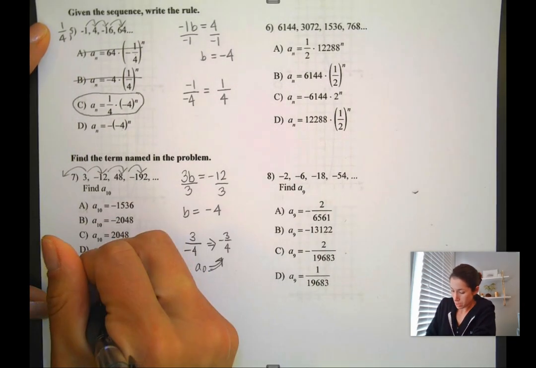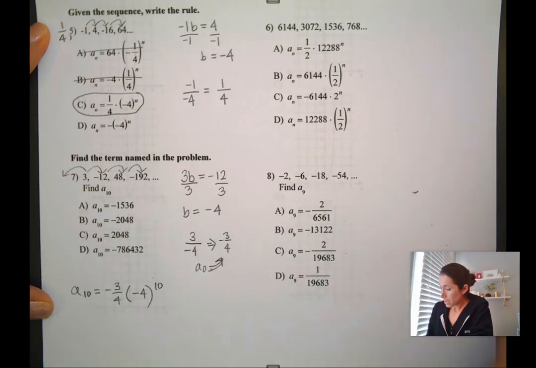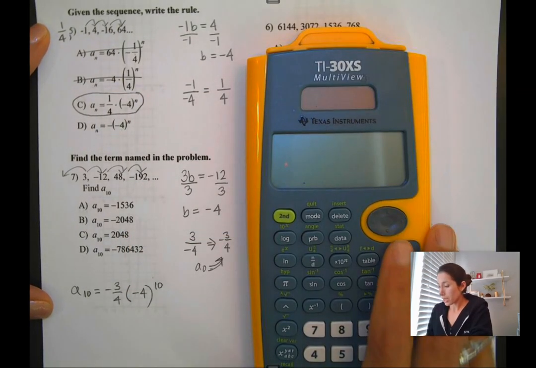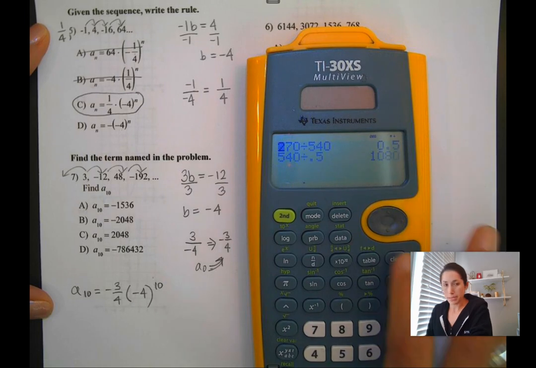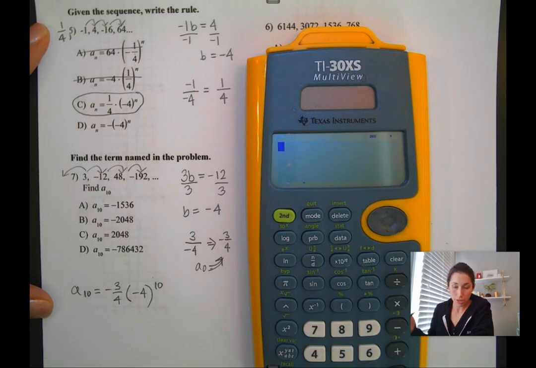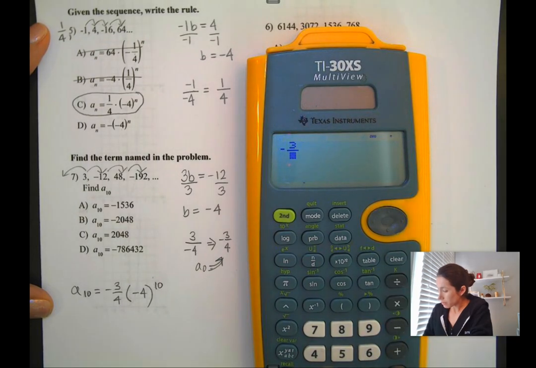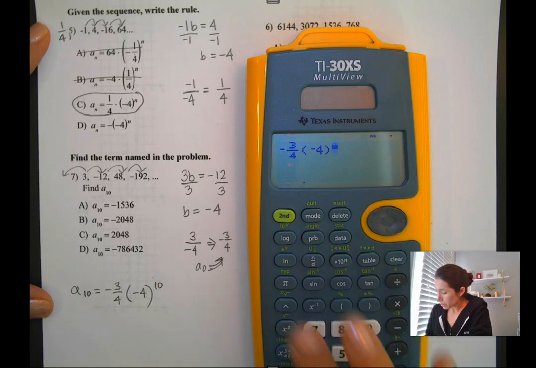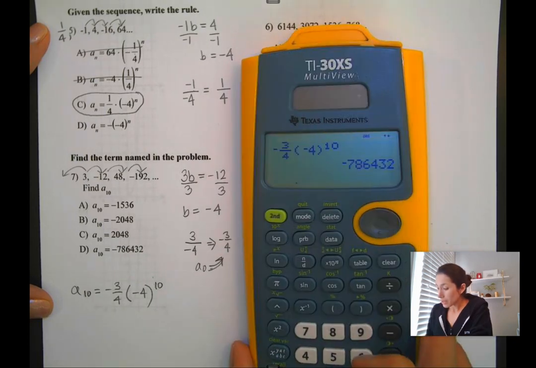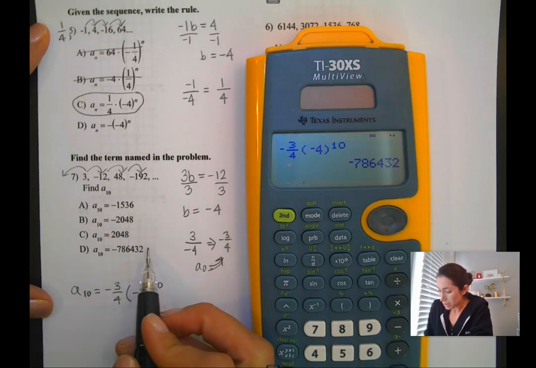So I'm going to do 10 here, 10 here. And then I would just put this into your calculator. And again, you could put this in your calculator as a -0.75. I'll go ahead and do a fraction since I have the ability on this calculator. And then we have to the power of 10. So we would get a sub 10 equals, and here we go.